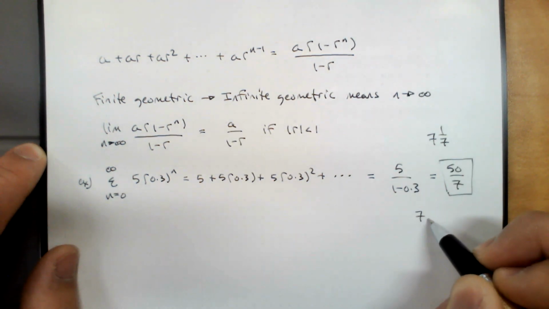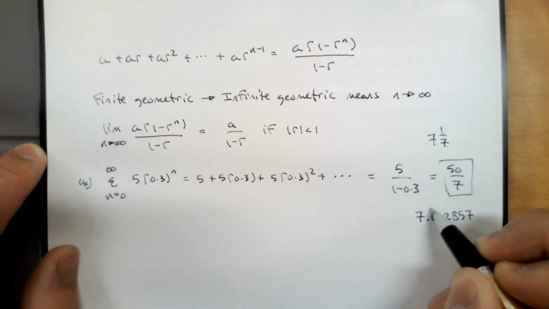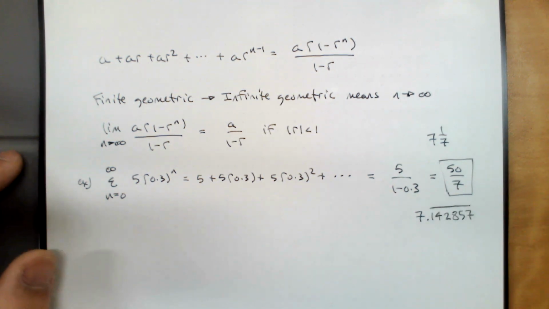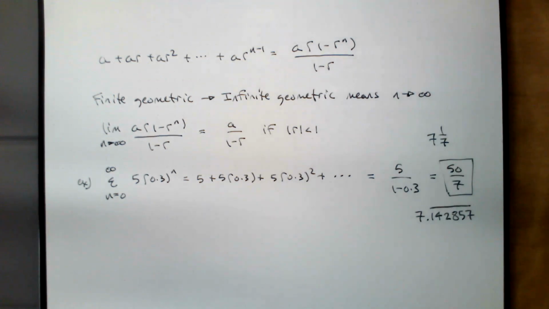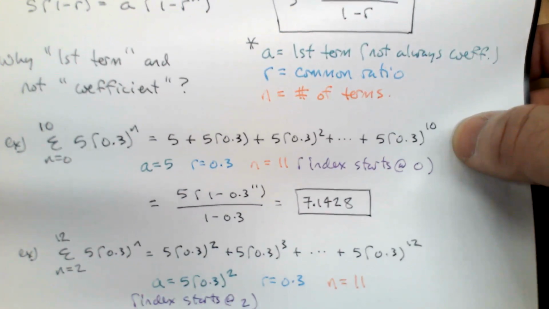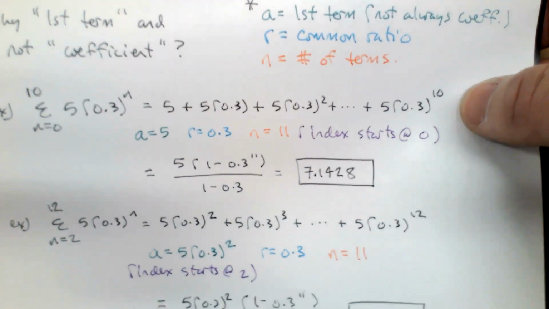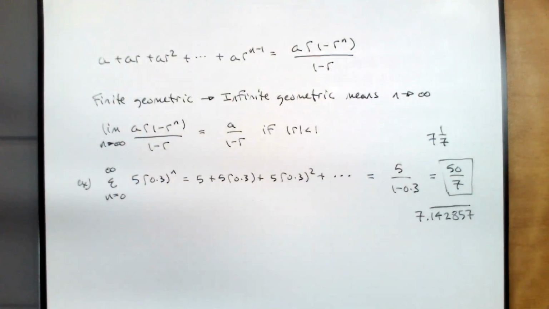Otherwise known as 7.142857 repeating. So 5 significant figures, that would be 7.1429. And so we can see that after the first 11 terms, the terms from 11 on out to infinity don't add up to very much on this scale.